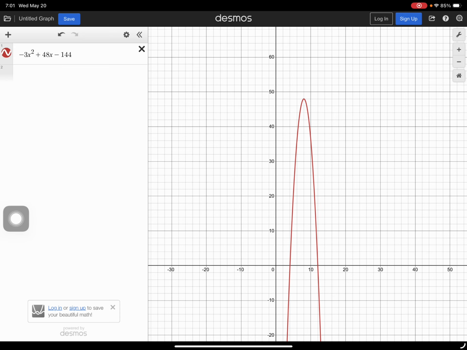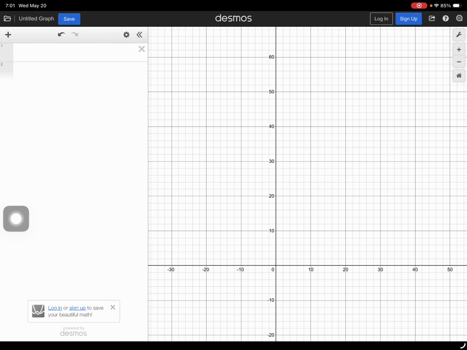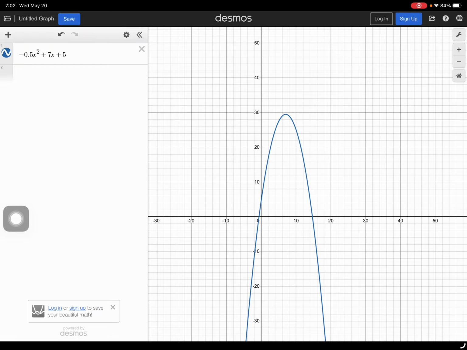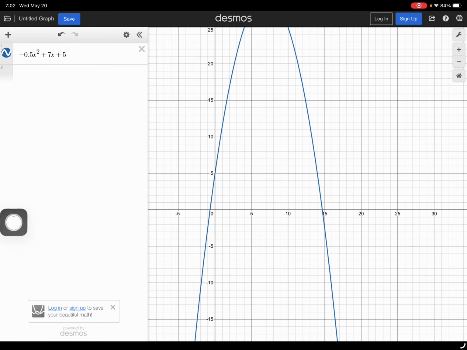Let's plug in our function. Let's get comfortable. All right, negative 0.5x squared plus 7x plus 5. And we want to find the x-intercept where it lands. Well, here's our x-axis.